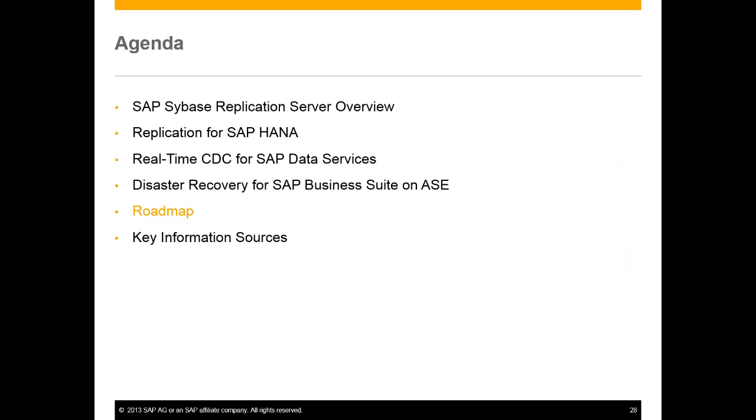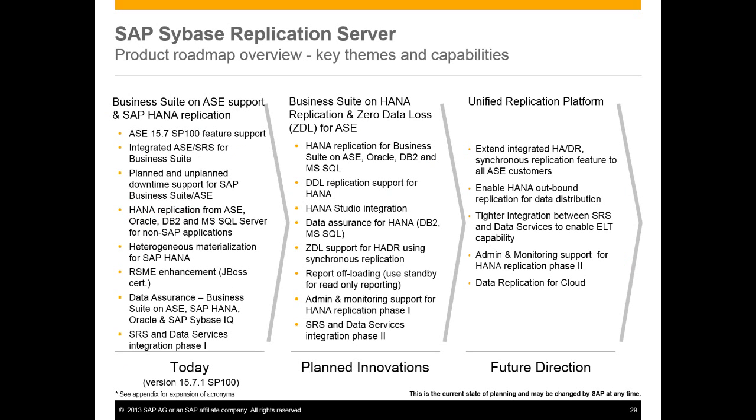So Peter, go to slide number 29. As I promised earlier, I want to give you a very brief, high-level overview of the product roadmap. Today, the leftmost column is what we have introduced, which we call 15.1 SP100. It gives you three major things: business suite DR support, HANA replication, and the data services integration.